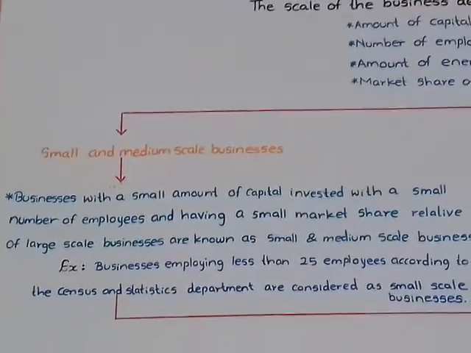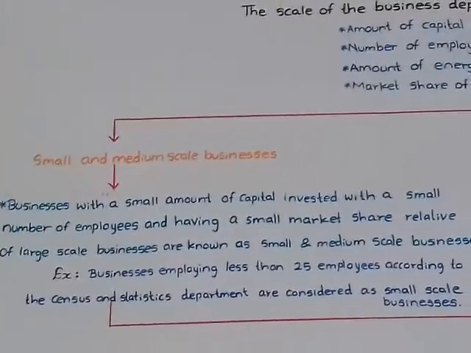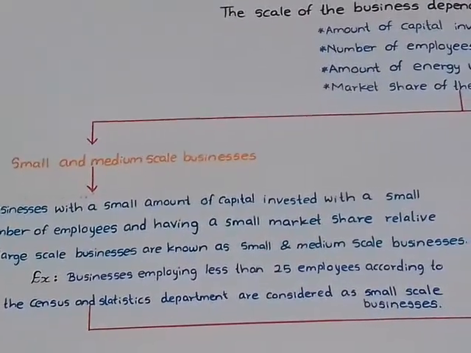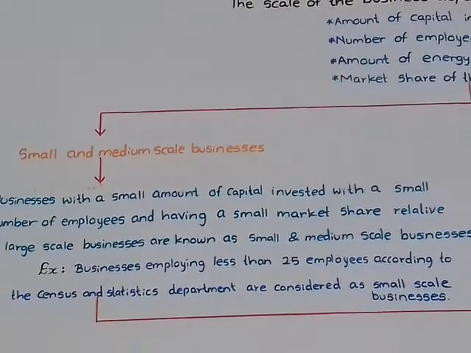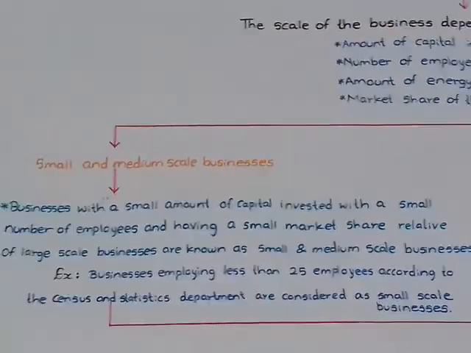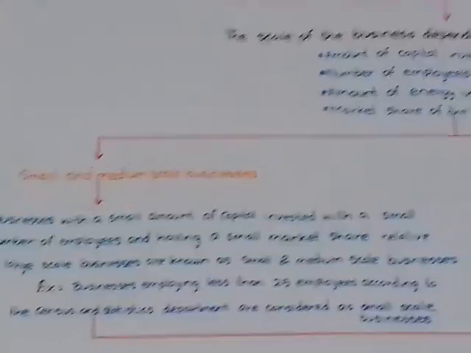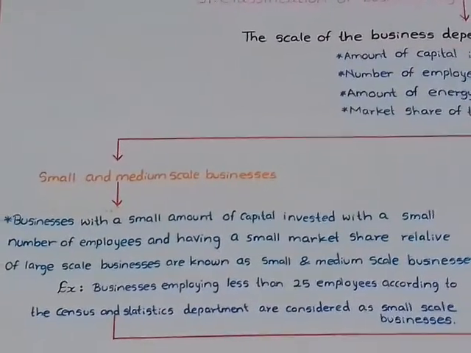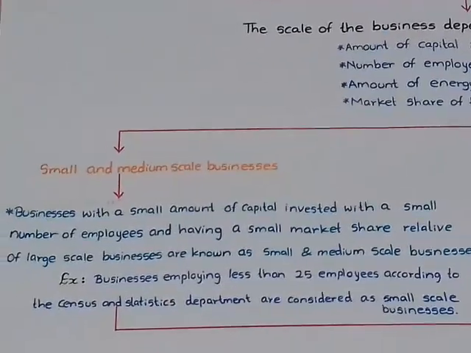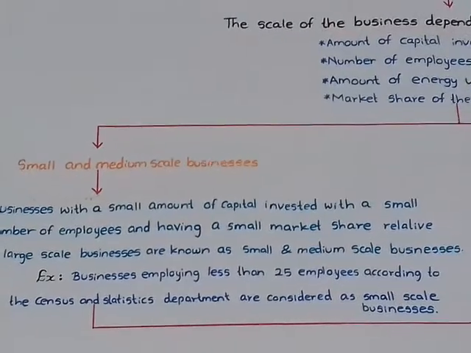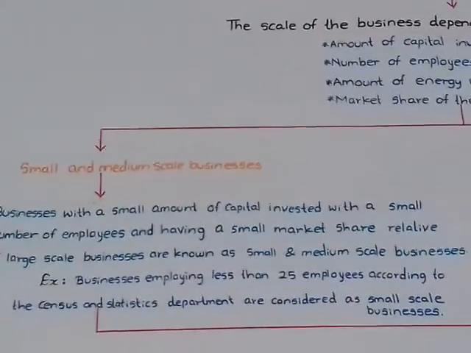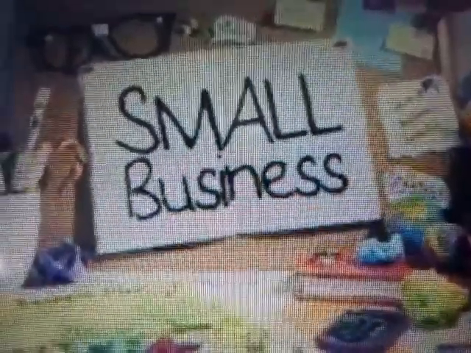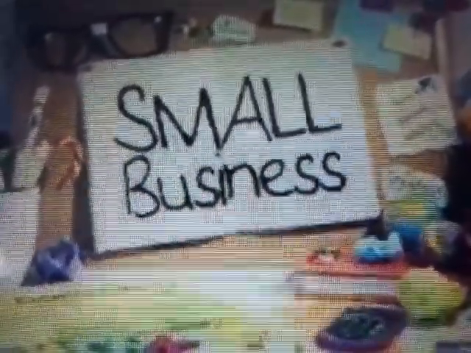The businesses which employ less than 25 employees according to the Census and Statistics Department are considered small scale businesses. As we said before, if there is only a small number of employees, it is a small and medium scale business. Here it states the number of employees, that is less than 25. So now you know what small scale businesses are.